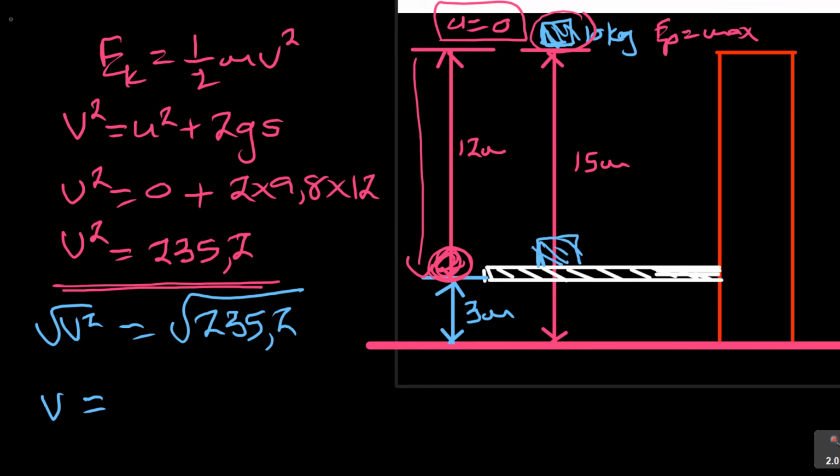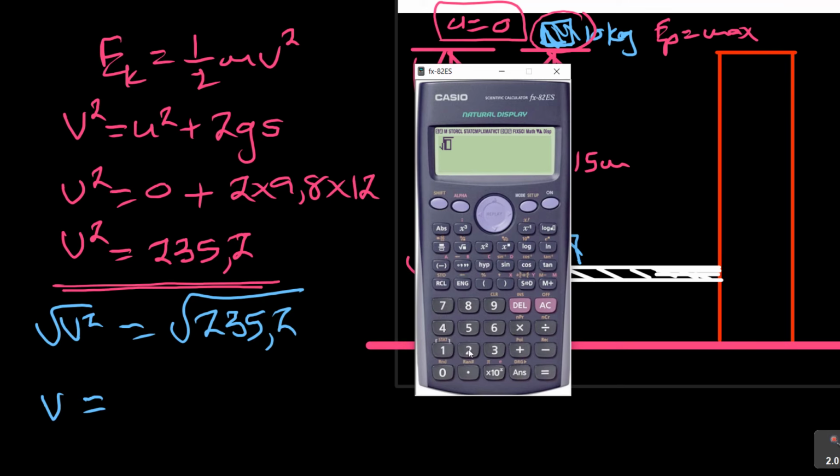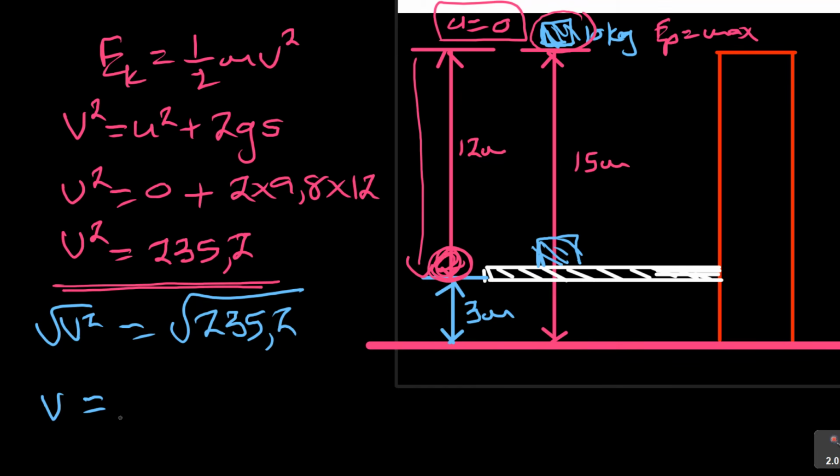If you find that v squared, you will be working in what? In circles. It's not necessary, but let's do it. Square root of 235.2. Now we know that our velocity is 15.336, which is 15.34. This is meters per second.